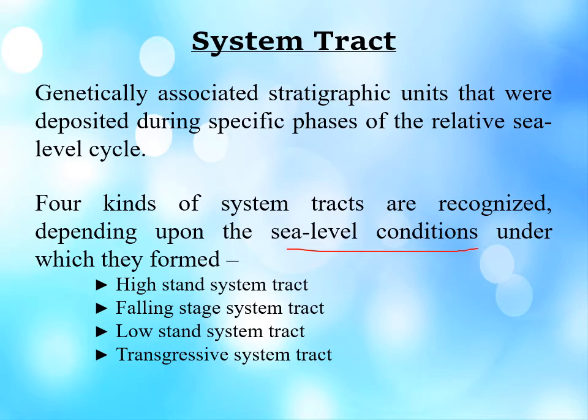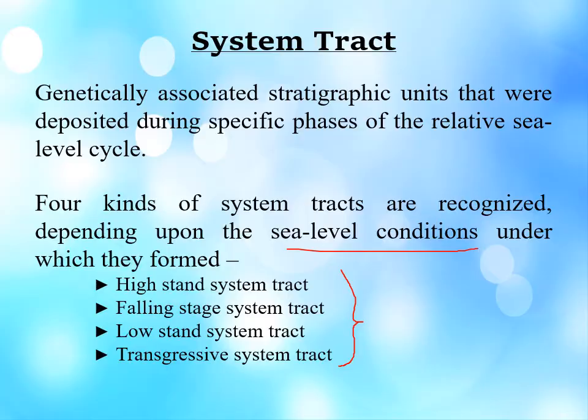These are known as highstand system tract, falling stage system tract, lowstand system tract, and transgressive system tract. So starting from one sea level fall to the next sea level fall, there are four kinds of system tracts recognized in the sedimentary rock record.